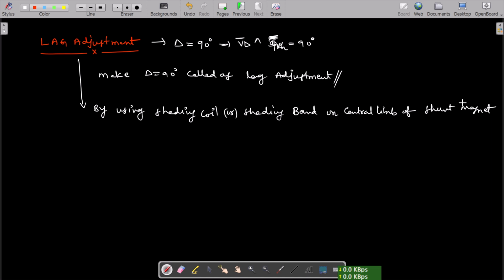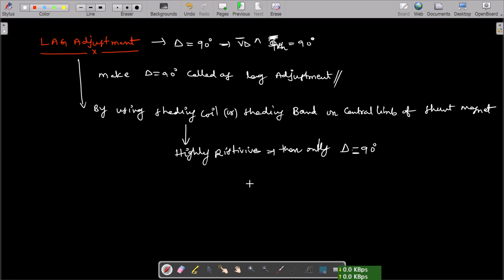And this shading coil must be highly resistive. Then only delta will be equal to 90 degrees. And how this process is done is not necessary. Just remember this thing. This is enough.